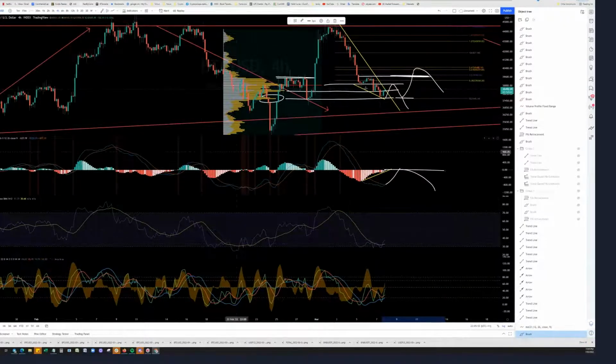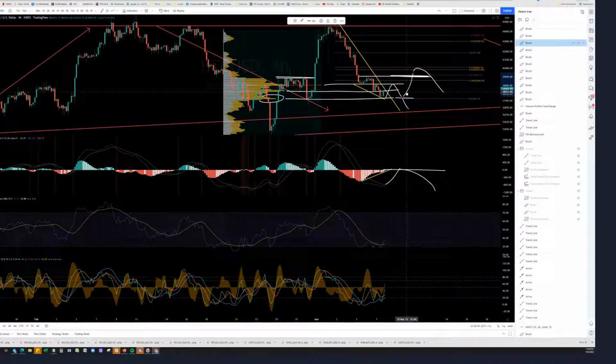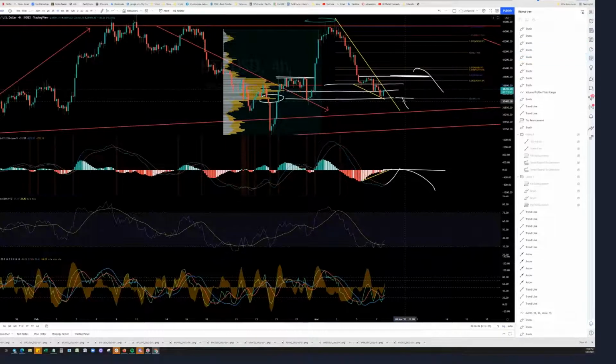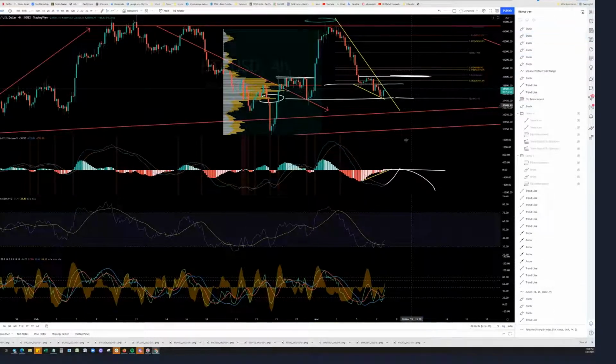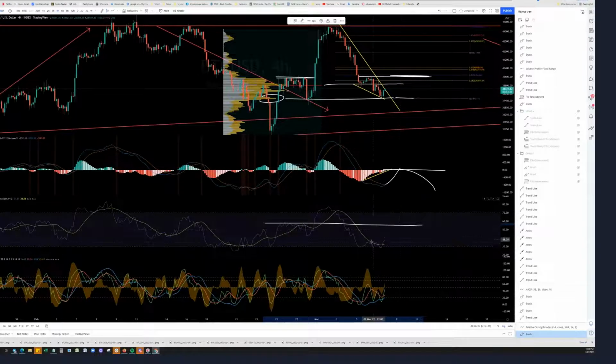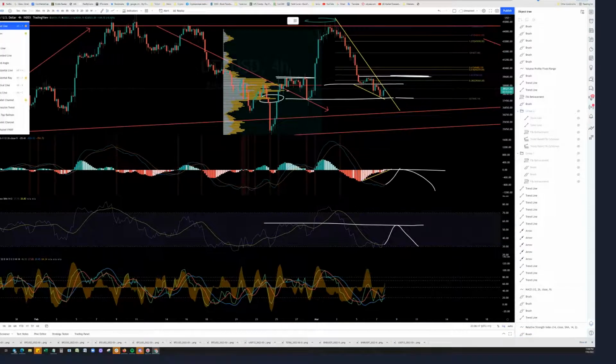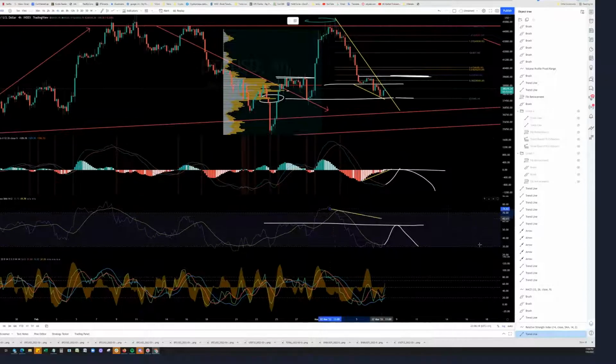I just think, all right, here we go. I'm just going to imagine that this 50%, just pretty much like this here, this could probably come down. And then we're going to have our RSI most likely play this out, this line.